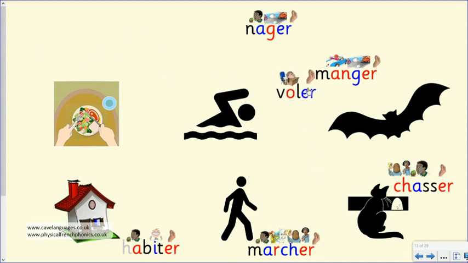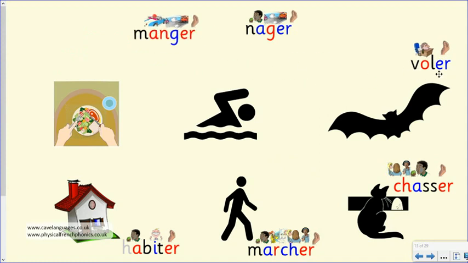This one means fly. I often think of it, voler, as thinking in football, if you kick a ball and do a volley, it flies through the air. Or volleyball, the ball flies through the air. Voler means to fly. Now this one means to swim, nager.